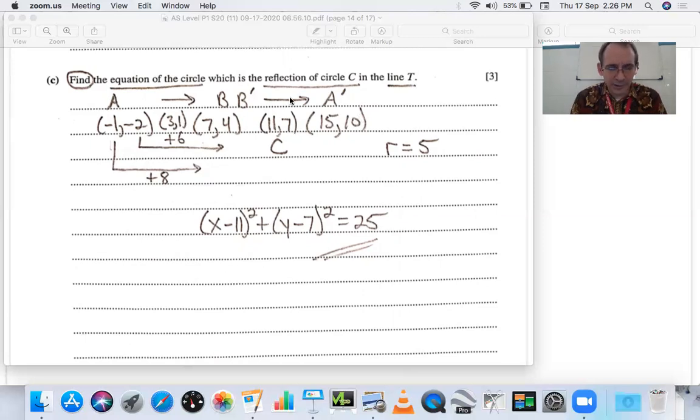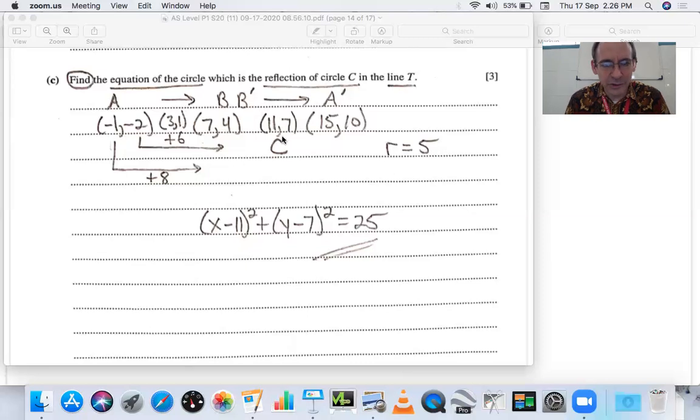So whichever ones you use to line that up with, you're looking for that symmetry in distance between the original circle and the reflected circle. Again, remember that your B and your B prime are the same coordinates, the 7, 4.